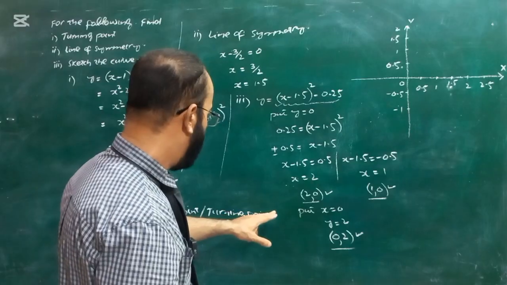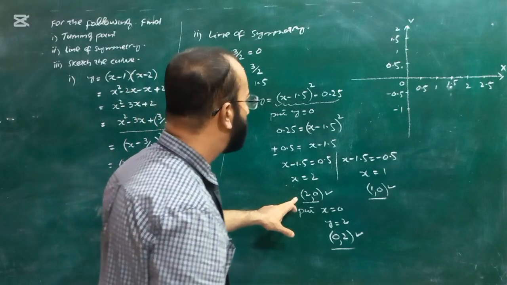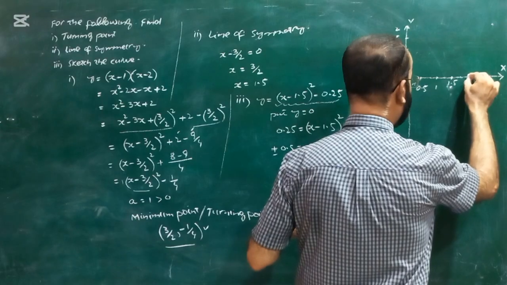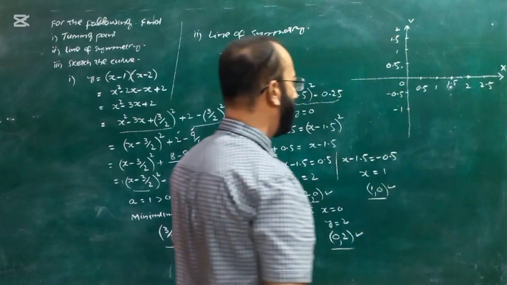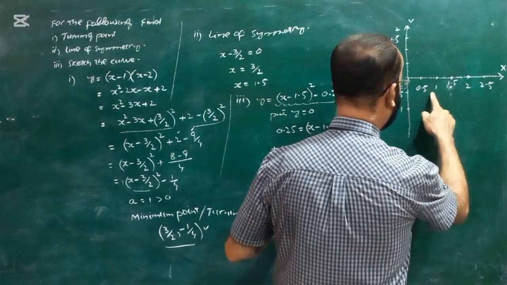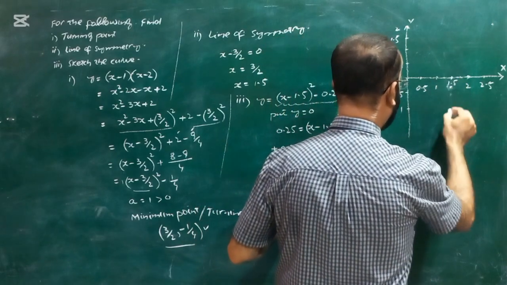Next point to be plotted is 2, 0. So here is 2, 0. Next is 1, 0.